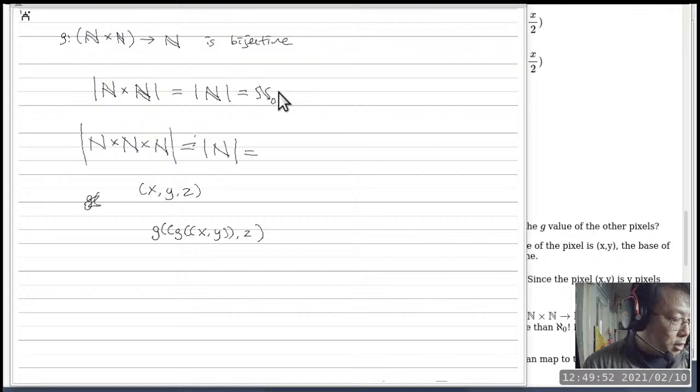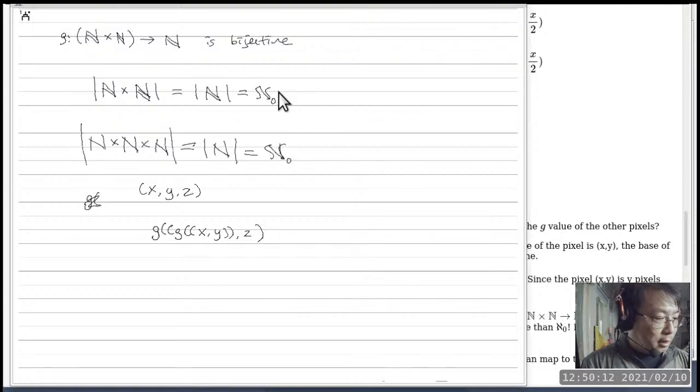I'm erasing the question mark because it is established. What about four-dimensional space? What about five-dimensional space? They all have the same cardinality as the set of natural numbers. Isn't that cool?